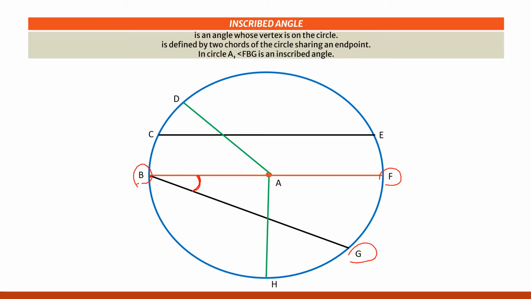Which, of course, nag-share sila sa common endpoint na point B. Okay? So, tatandaan, pag sinabing inscribed angle, ito yung angle whose vertex is on the circle. Dapat na doon sa kulay blue, dito sa figure na ito, ang endpoint. Okay? So, yun ang tinatawag nating inscribed angle.